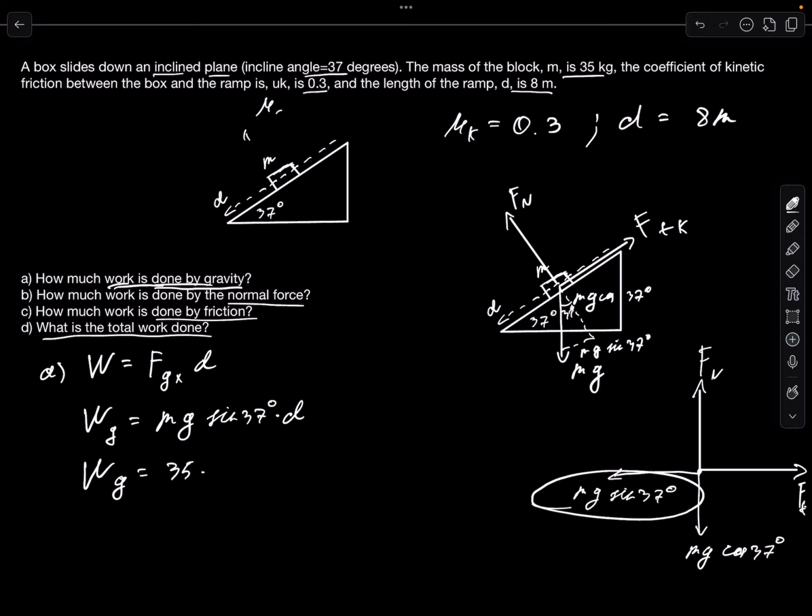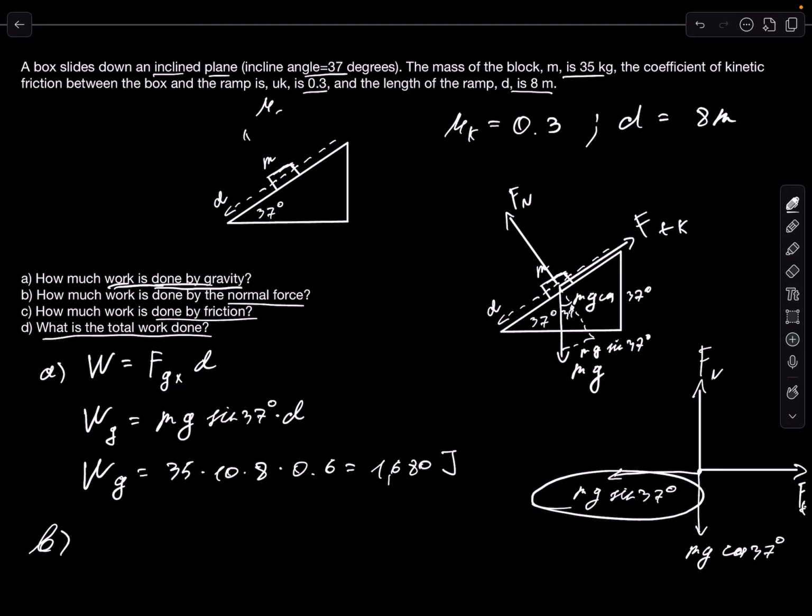Let's assume that g is 10 meters per second squared, then d is 8, the length of the ramp, and sine 37 gives us 0.6, so this is all equal to 1680 joules, or Newton meters, but let's just say it's joules.